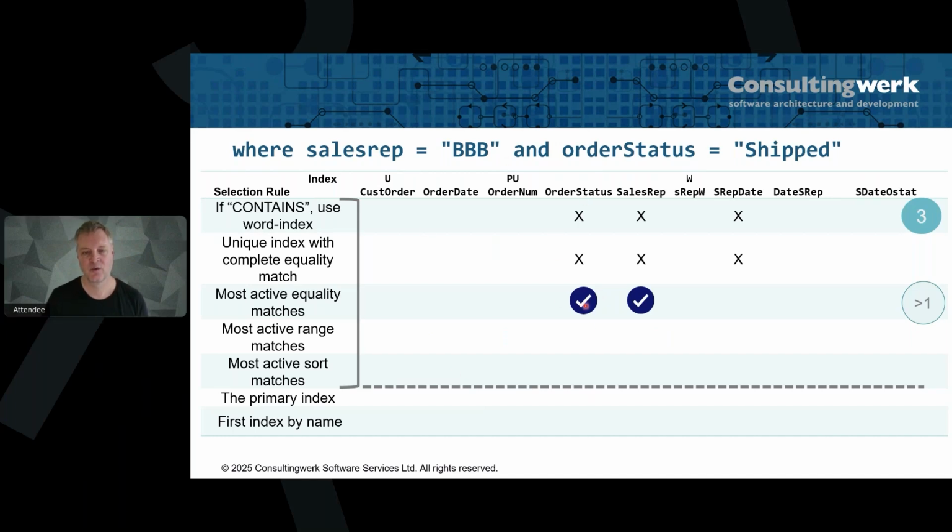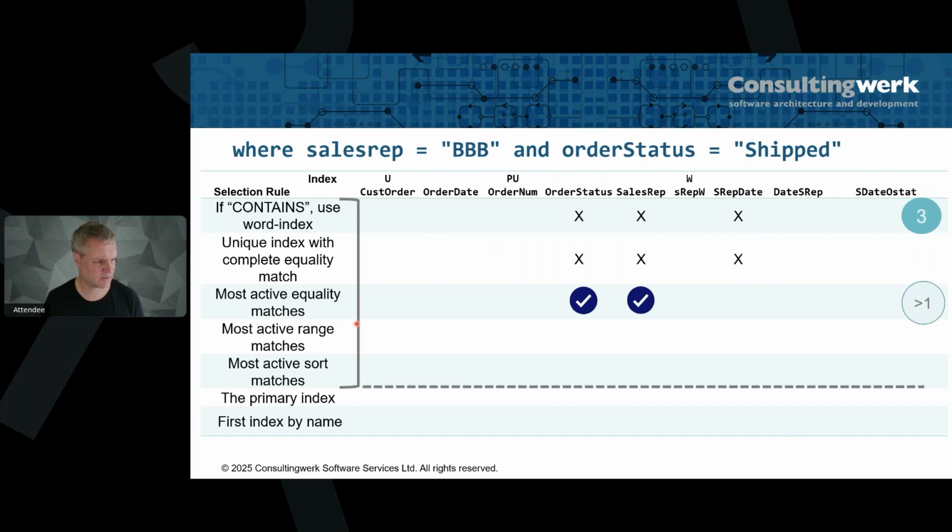This is one index field, sales order status, out of the one field in the index. So query field is one and index field is one, so it's one out of one. In this one, sales rep is the query field, one, and there's one index field, so one out of one. In this one over here, query field is one, but there are two fields in the index. Those indexes are selected because most, I believe, means most of the fields in the index rather than absolute number of matches.